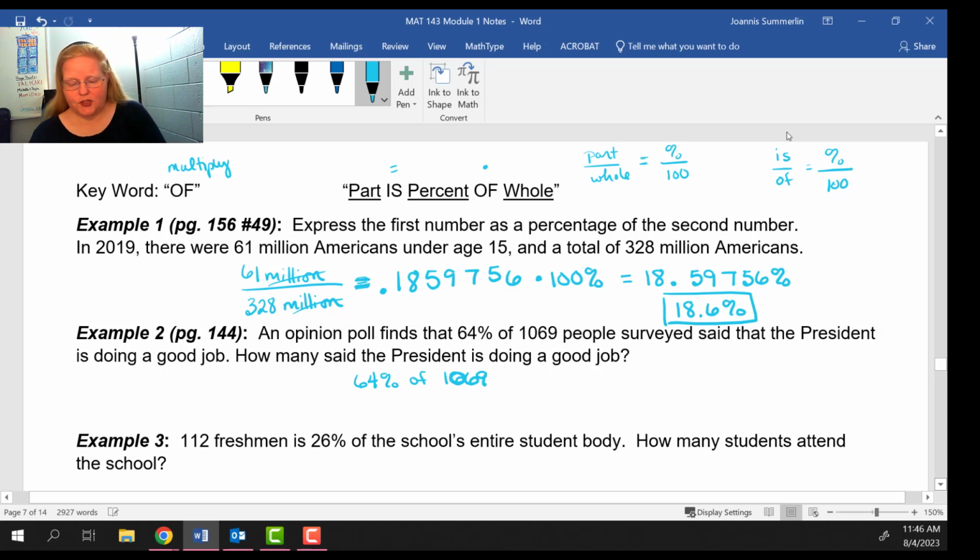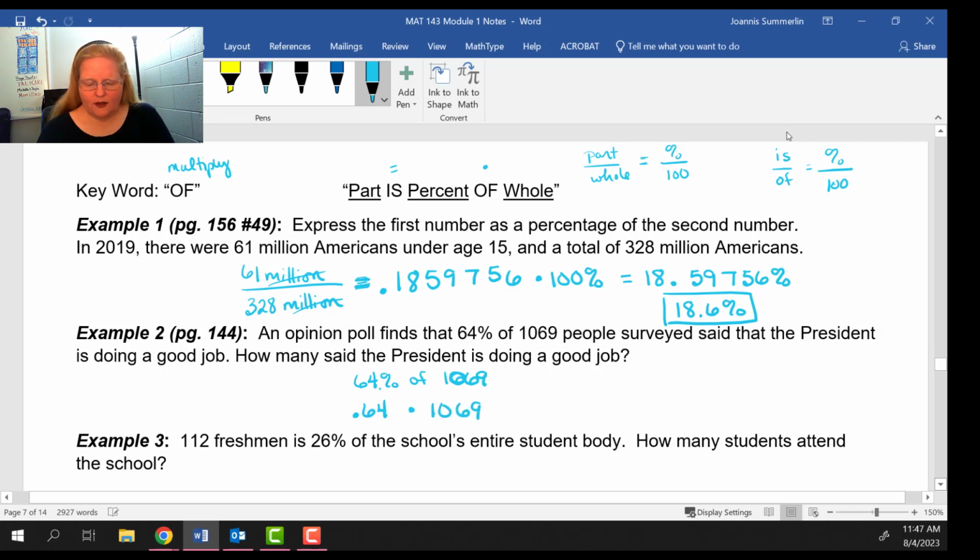So in order for me to change it to a decimal, I've got to take that percent sign out, which means I'm going to have to move my decimal point over. Right now my decimal point is behind the 4, so I'm going to have to move it 2 places over. So that changes it to 0.64 times 1069.